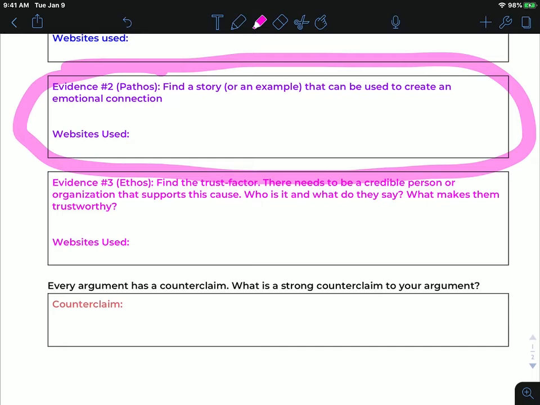So you'll be working on that with your subject today. And again, don't forget the websites that you used right there. So for example, if immigration is your issue, and one of your focuses is family separations, you could definitely find a specific story using the names of the people who are involved. Try to find as many details as possible about what happened, but tell the story. And the goal of your story in pathos is to try to gain sympathy from your audience. Okay, very simple. Pathos, try to get sympathy.